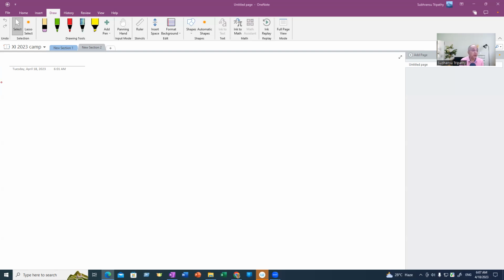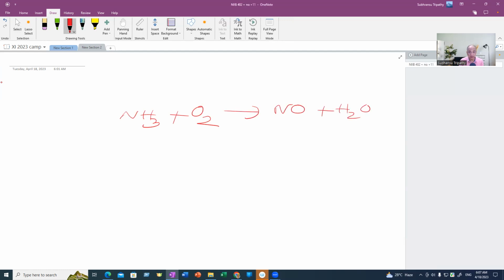For example, I give you this: ammonia is oxidized to give NO and water. Show me where there has been oxidation and where there has been reduction.